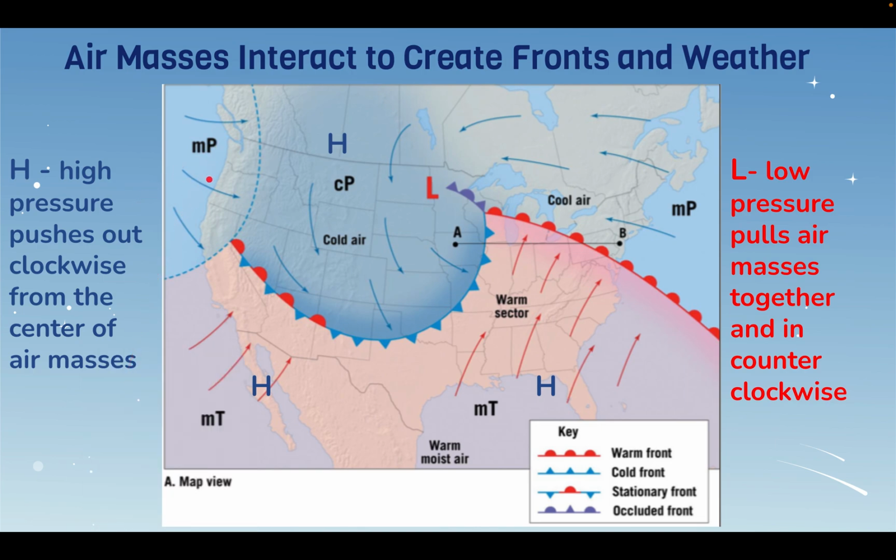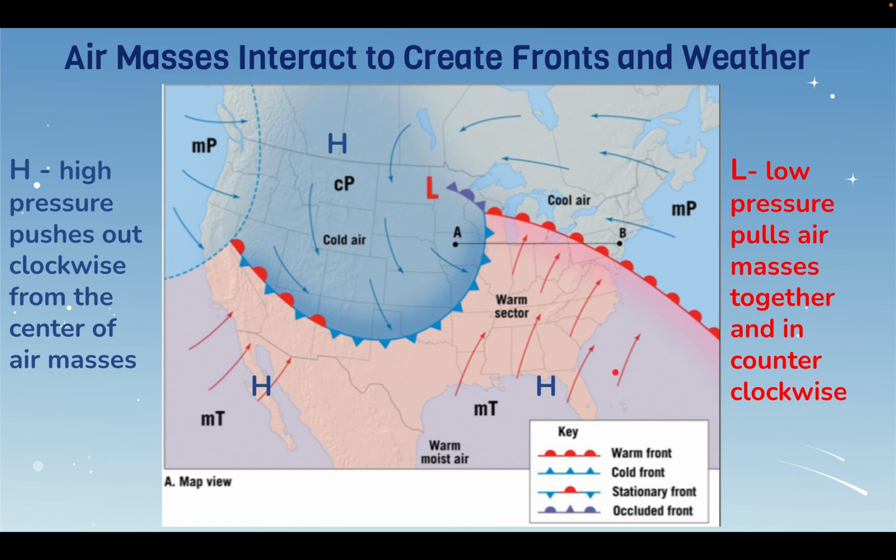So our high pressure air masses will usually be up in the northern United States. So maritime polar, continental polar here, and maritime polar. These are high pressure areas. Whereas low pressure happens in warmer areas. So we will see a little bit more lower pressure with the maritime tropical, continental tropical, and maritime tropical over here.